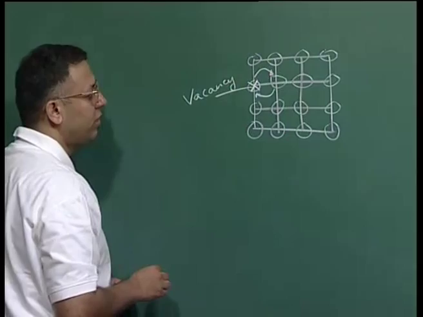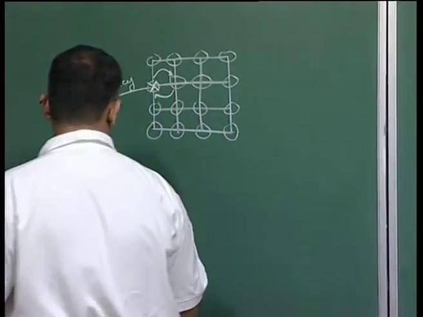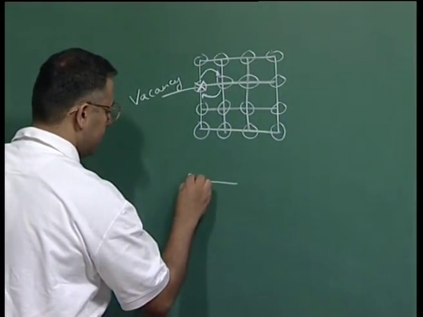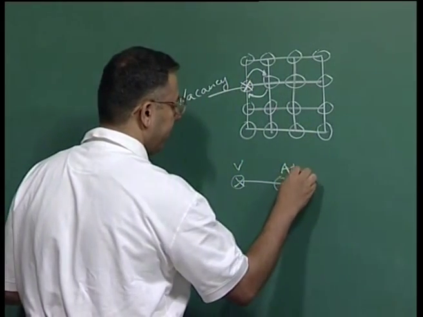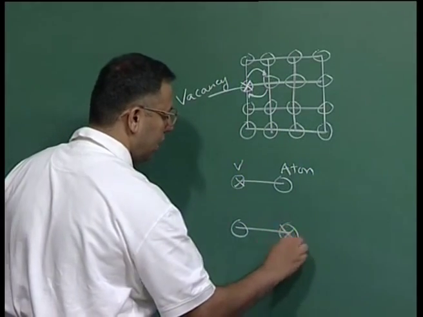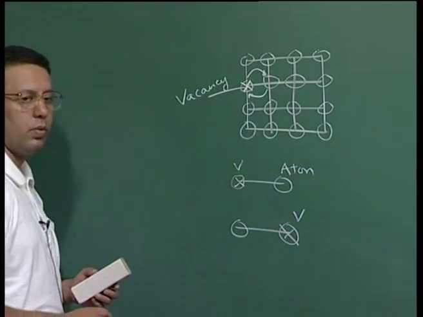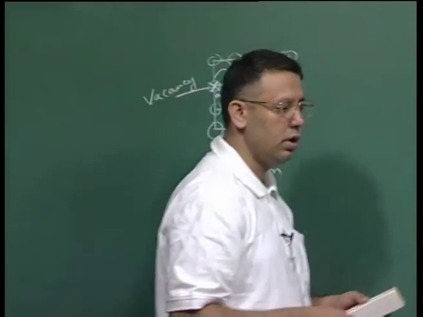After this jump has taken place, I can redraw the picture. This is my initial configuration with the vacancy and an atom, and after the jump has taken place, the atom would be on the left hand position and the vacancy would be here. So, by this kind of successive jumps of the vacancy, I can consider diffusion to be taking place.